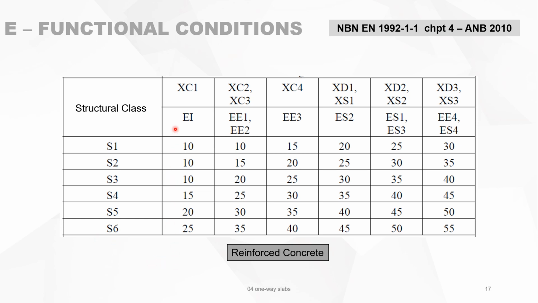And for each environmental class, or for each durability class, you will have the minimum required concrete cover. For instance, for a bridge, EE4, that's structural class S6, you will have C-min dur equal to 55 millimeters.